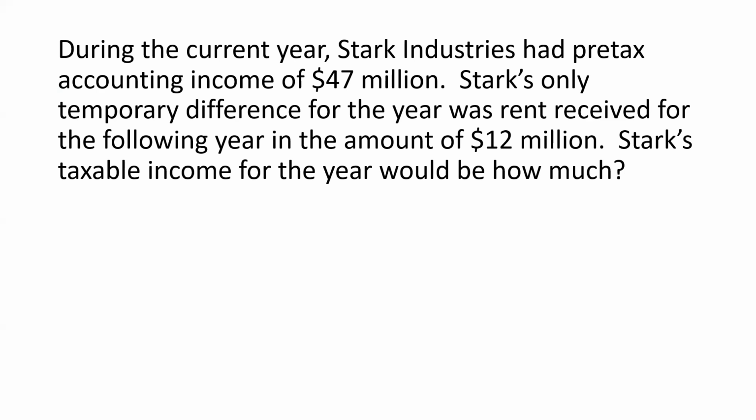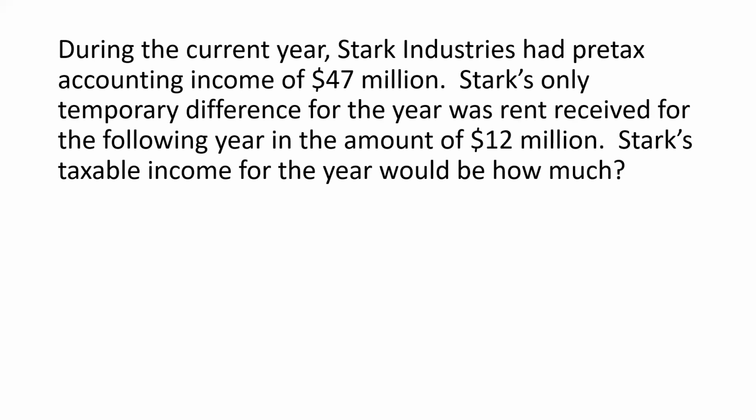All right, so the pre-tax income from the income statement was $47 million. The $12 million was for money received for rent, and we're not providing that service until next year. While for financial purposes, we say that's not income, that's unearned revenue. We can't put that on our books yet. We just need to set the cash aside and show it as a liability for unearned revenue.